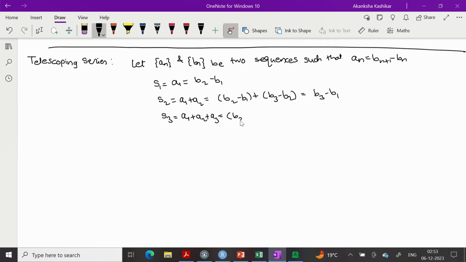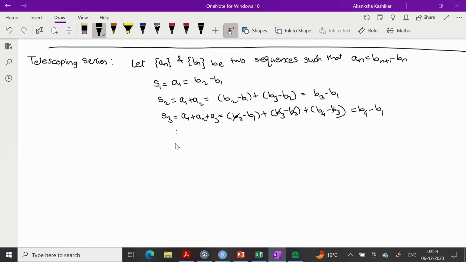So this is b2 minus b1 plus b3 minus b2 plus b4 minus b3. So my b2 gets cancelled, b3 gets cancelled, so I am left with b4 minus b1.